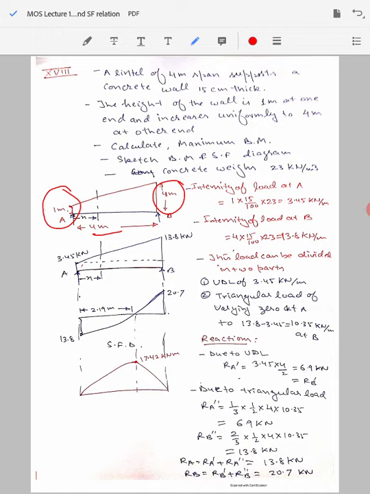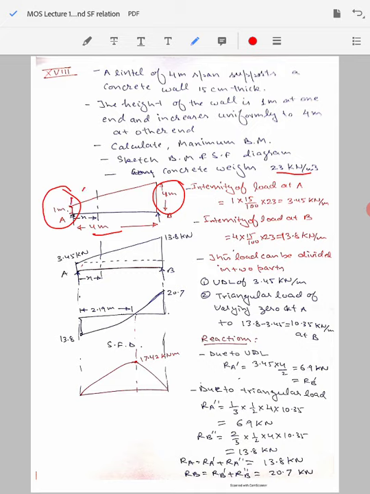So where is the load coming from? The load is coming because of its own weight. The concrete weight density is given as 23 kilonewton per meter cube. Now this lintel has a 15 centimeter thickness, which is also given to you.